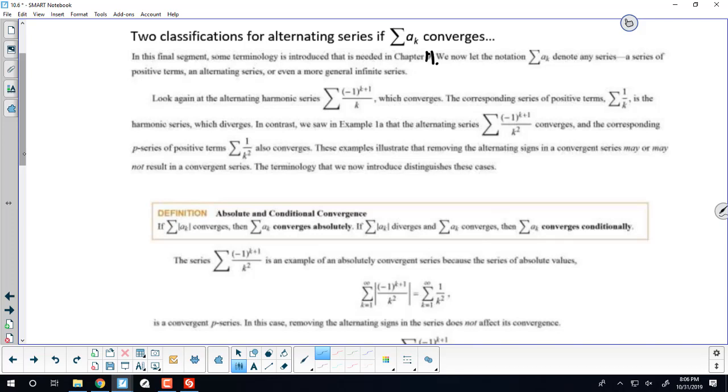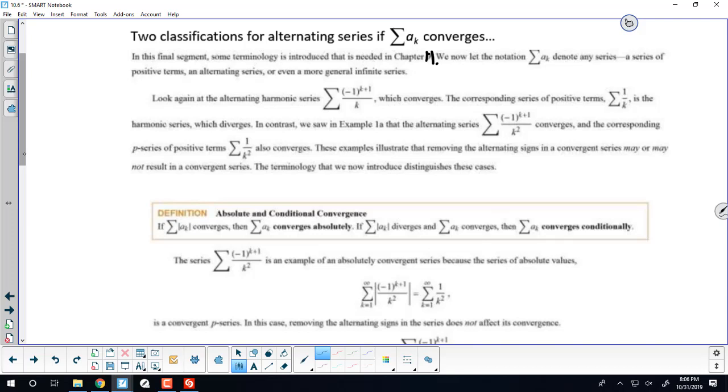So you have these two instances where a particular series with the addition of an alternating part may converge, where the original series without an alternating part diverges. Or in the case of the 1 over k squared series, adding an alternating part didn't affect its convergence. So you got two different outcomes there.